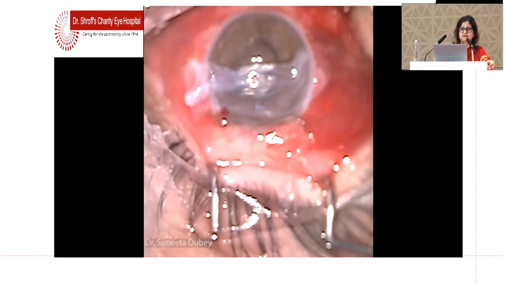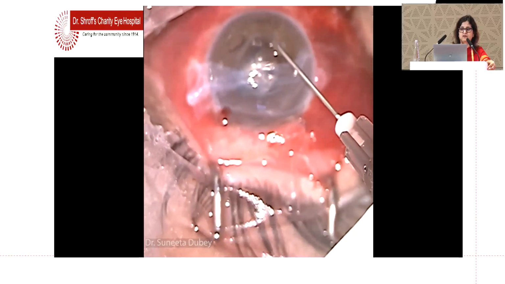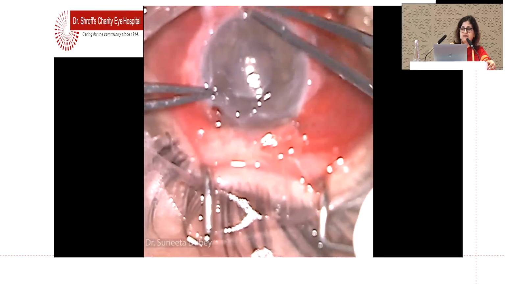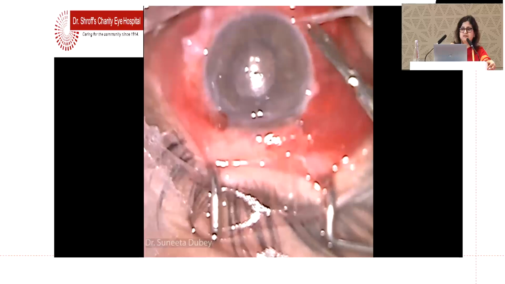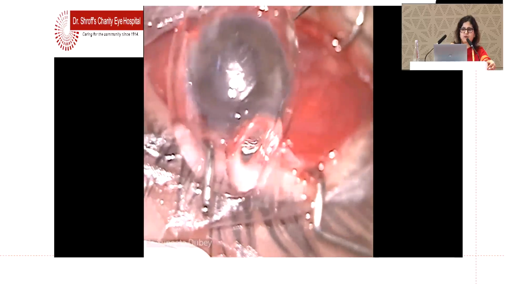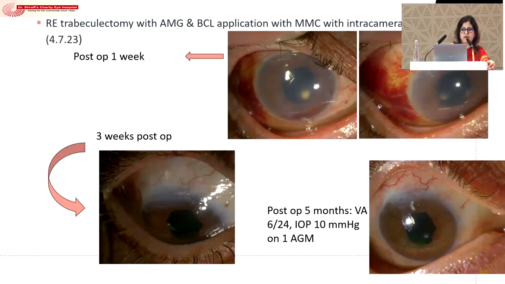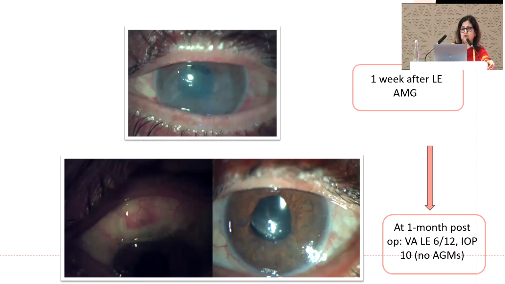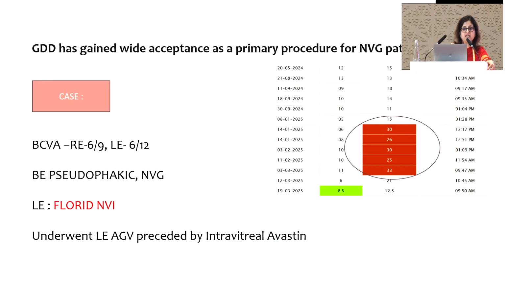As you can see, the fibrin glue was used. This patient did really well post-operatively, and after this, a contact lens was applied. He has been following up with me, and the epithelium is completely healed, and he's been doing well in both eyes with good vision and IOP controlled on 1 or 2 medications.